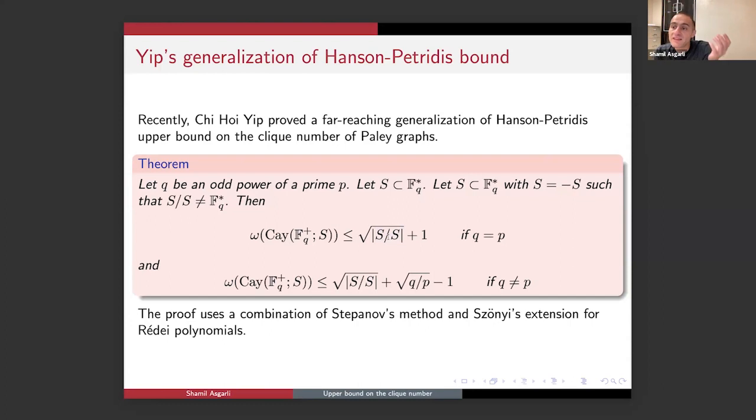But if you take S to be a generic random subset, then maybe that is tiny. So maybe you can prove a probabilistic statement: if S is a randomly selected subset with this condition, what can I say about the expected value of the size of S divided by S? That might be very interesting to look at, and it might tell you something about the behavior of a random Paley graph. Those are the initial things that pop up in my mind.